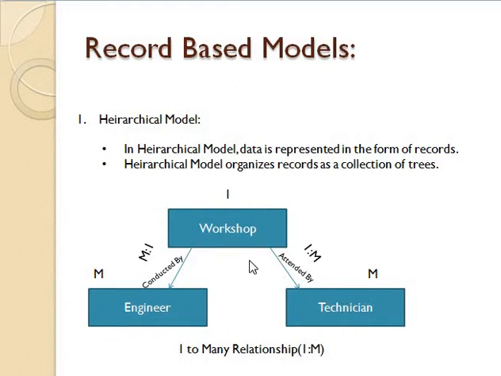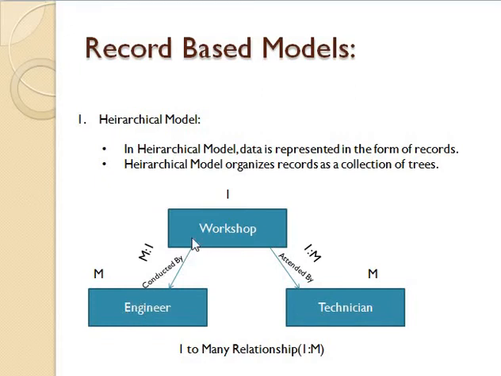In the given figure, engineers and technicians are the child entities of the parent entity workshop. From the figure in this slide, we can clearly say that a workshop is being conducted by an engineer.